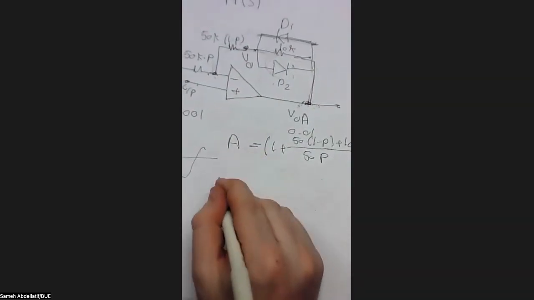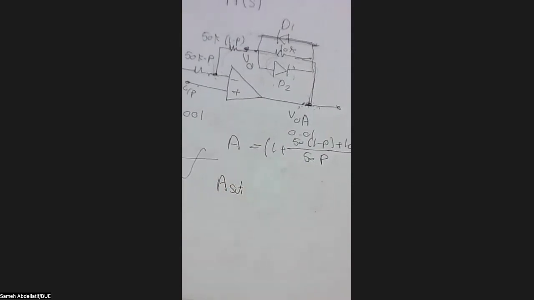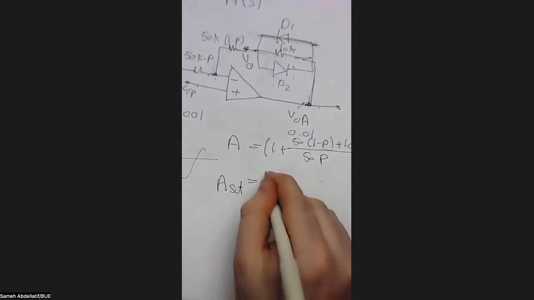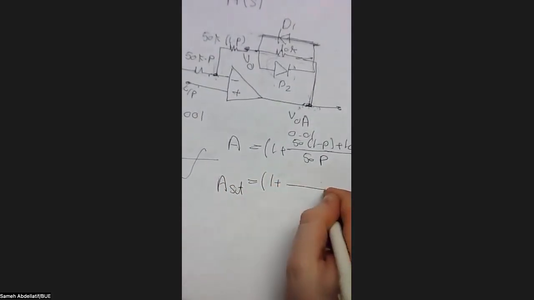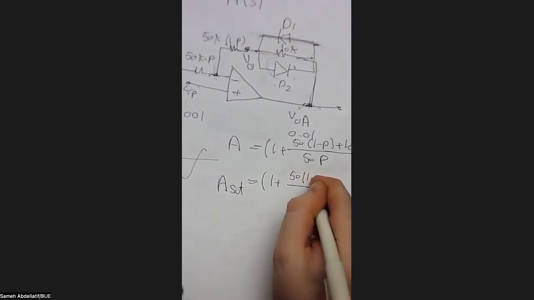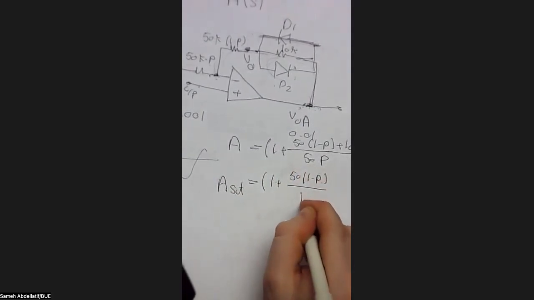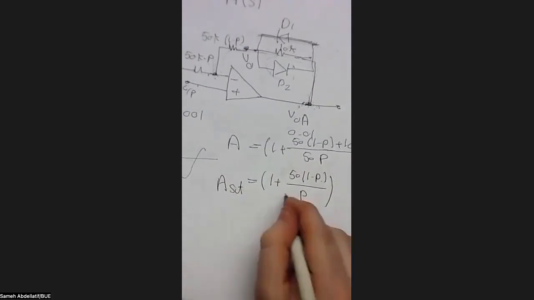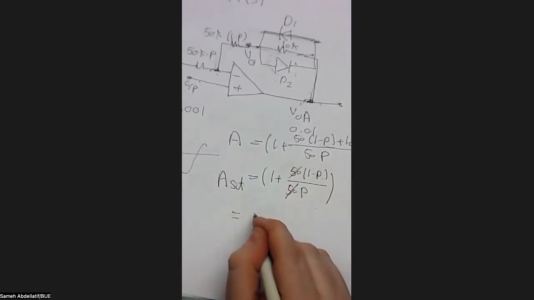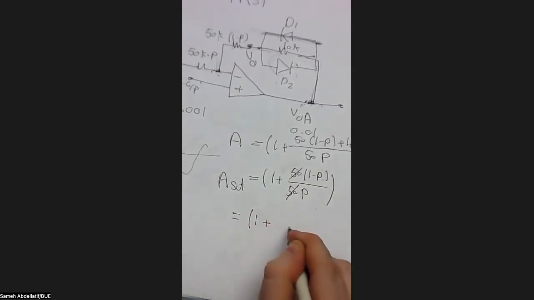When this diode becomes a short circuit, that means typically you are short circuiting the 10K, and this results in another gain. I will call it A saturation, or the saturation gain, giving 1 plus 50 times 1 minus B over 50B, of course. So 50 will cancel with 50, giving 1 plus 1 minus B over B.